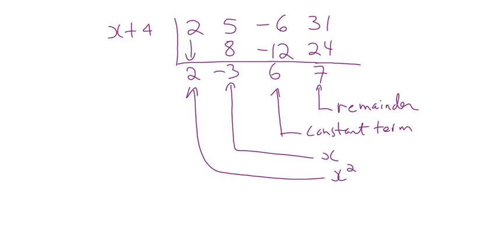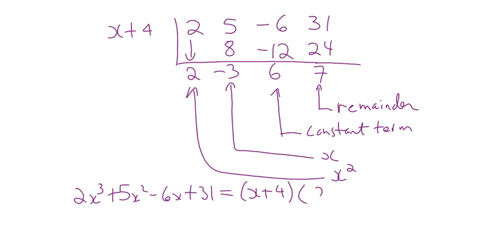So the original was 2x cubed plus 5x squared minus 6x plus 31. That's P of x, which is equal to the divisor, x plus 4, times the quotient, 2x squared minus 3x plus 6, plus the remainder. Right? So polynomial is divisor times quotient plus remainder.